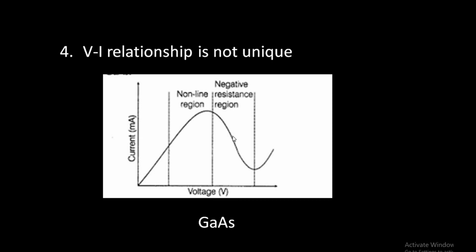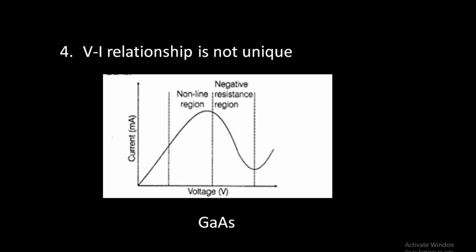By using Ohm's law, the formula R equals V upon I, R would be negative and that is not possible. So gallium arsenide, a non-ohmic conductor, does not obey Ohm's law. So these are the limitations of Ohm's law. I think it's clear now.